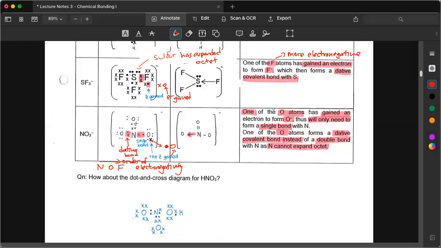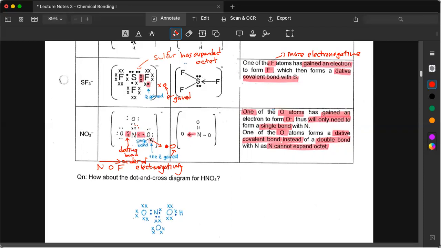But here, this oxygen shares both electrons, and nitrogen shares both. For here, nitrogen only shares 1 electron because it only has 1 electron left to share, and oxygen will share 1.